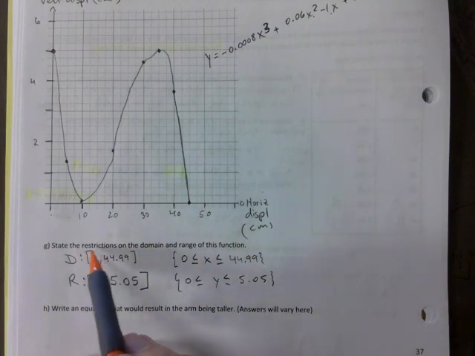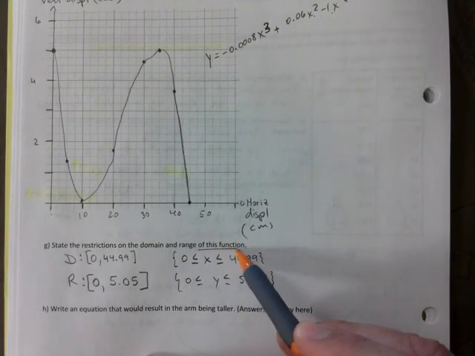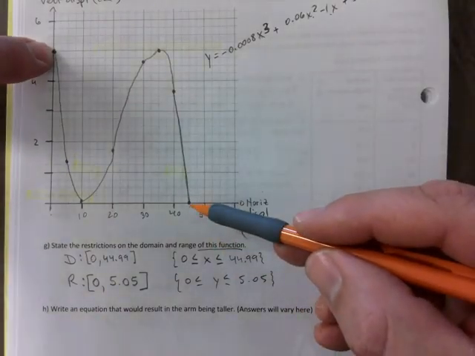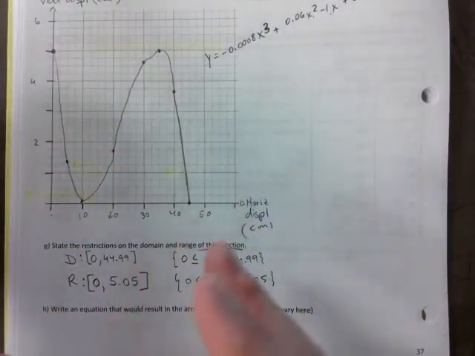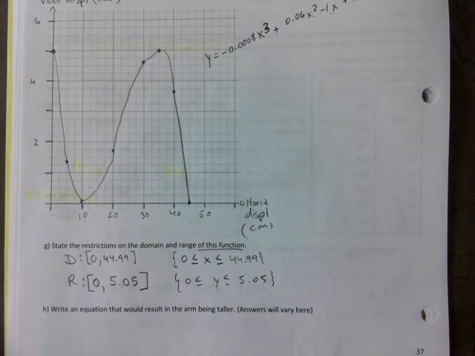I like the word restrictions because sometimes they don't just say domain and range. They're like, what are the restrictions on the domain and range of this function? We need to restrict the function to just model the part we want because it continues technically on either side, top and bottom.